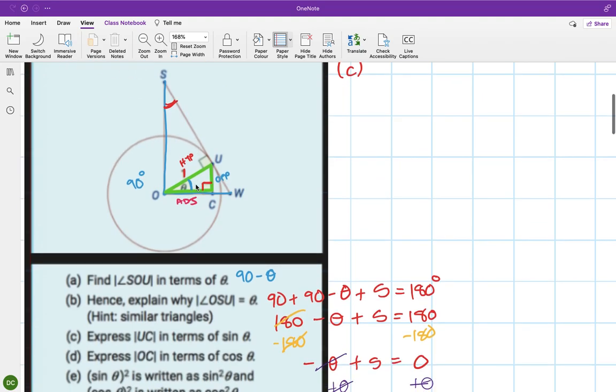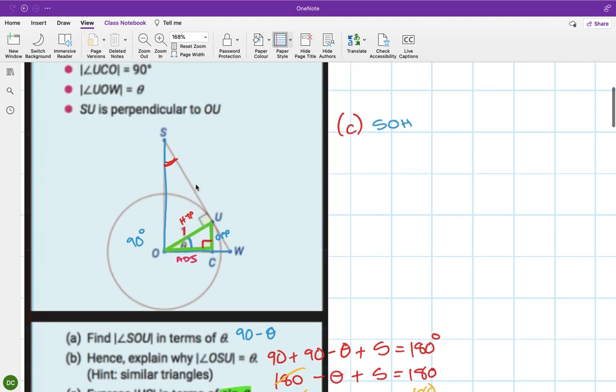For this question, they want us to do sine theta. So we did SOHCAHTOA, so sine is the SOH part. So the sine of theta is opposite over hypotenuse. So the sine of theta is UC, which is the opposite, over 1. So sine theta equals UC, because anything over 1 makes no difference.